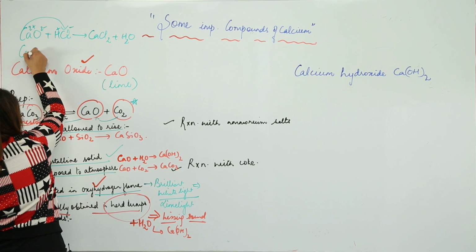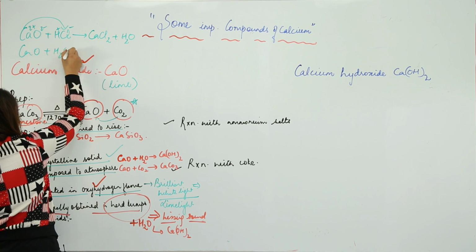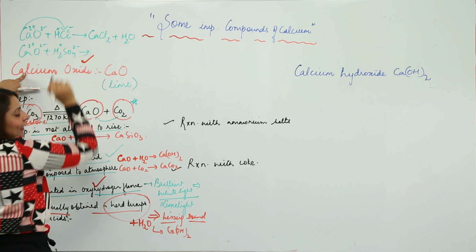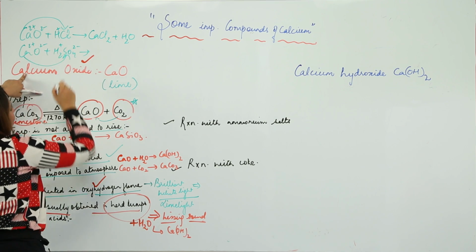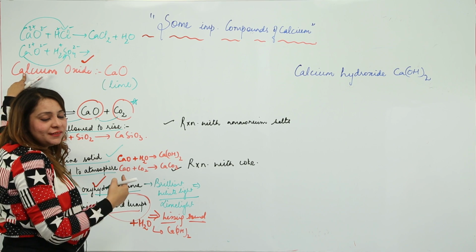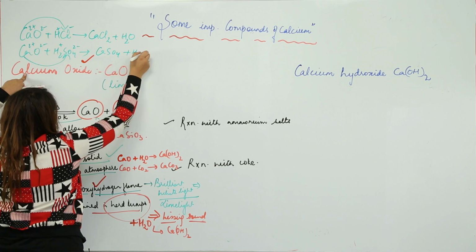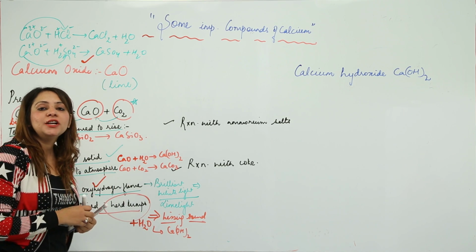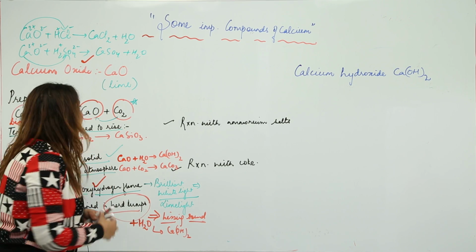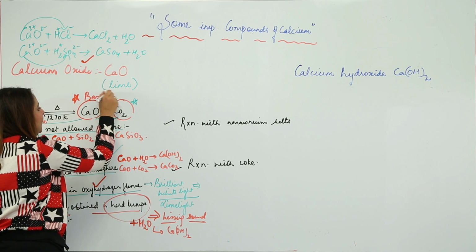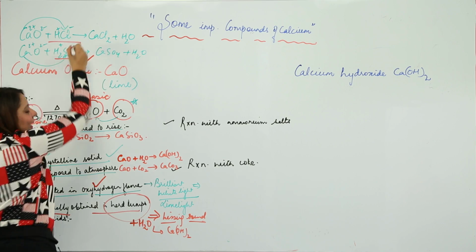Likewise, I can take an example of some other acid. Let's take sulfuric acid. Again, I'll write the valencies. It's like this. Obviously calcium is going to react with the sulfate, because a positive ion reacts with a negative one. So we get calcium sulfate with water. This is actually a kind of neutralization reaction, because we know that calcium oxide is a metal oxide and metal oxides are basic, and here we are mixing with acids.